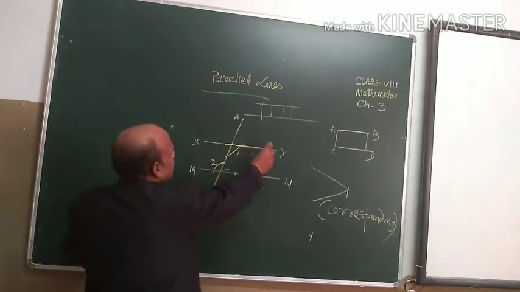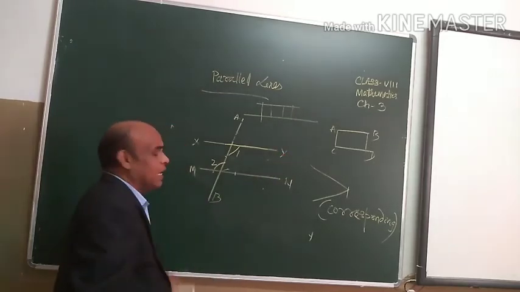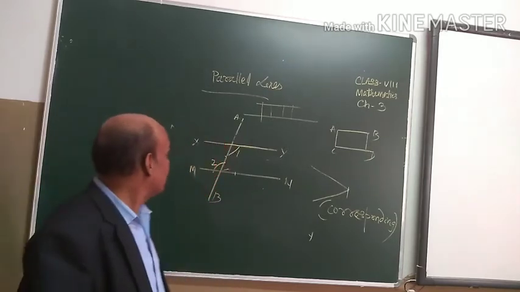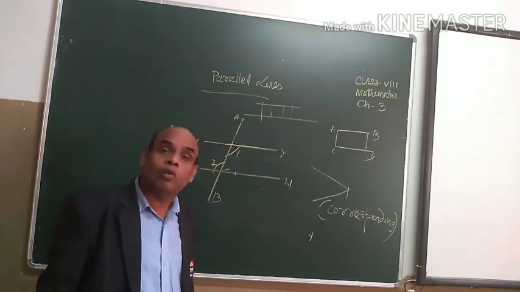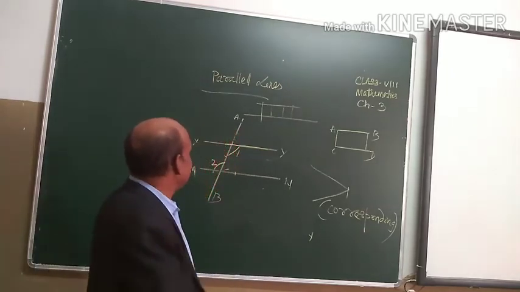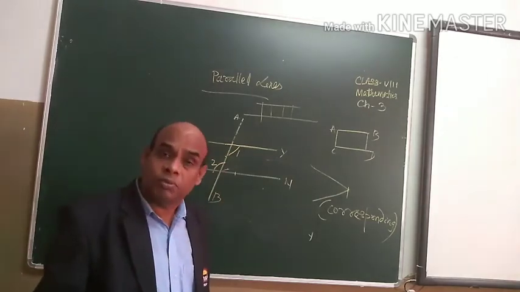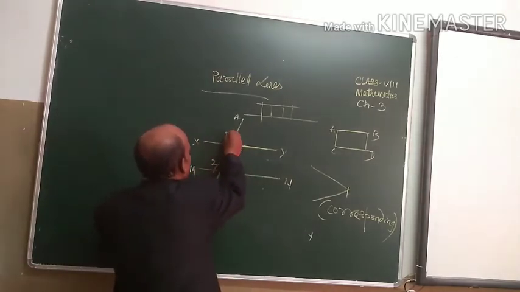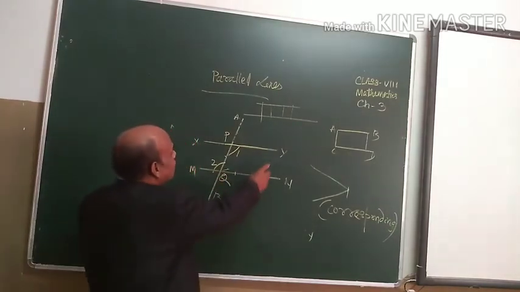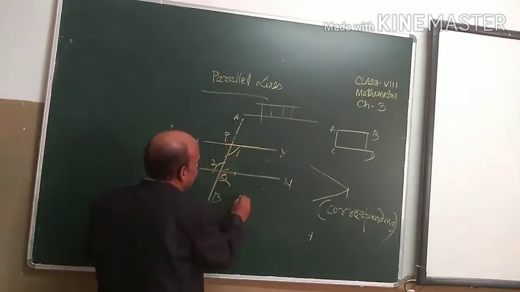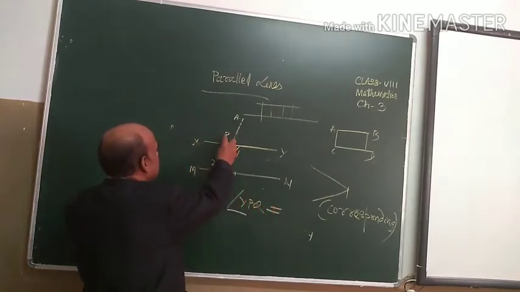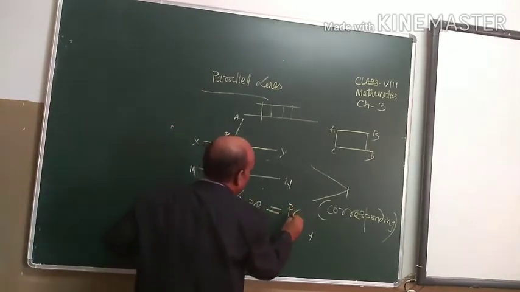You see, one line is XY, another line is MN. Both are parallel. Why? Already told, the perpendicular distance between them is equal, and AB is the transversal which is cutting at the points P as well as Q. So you can say that angle YPQ is equal to angle PQM.